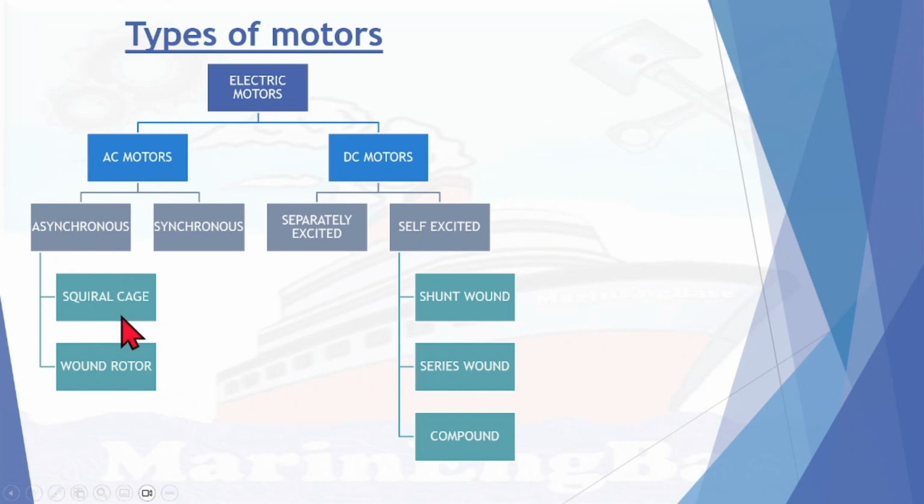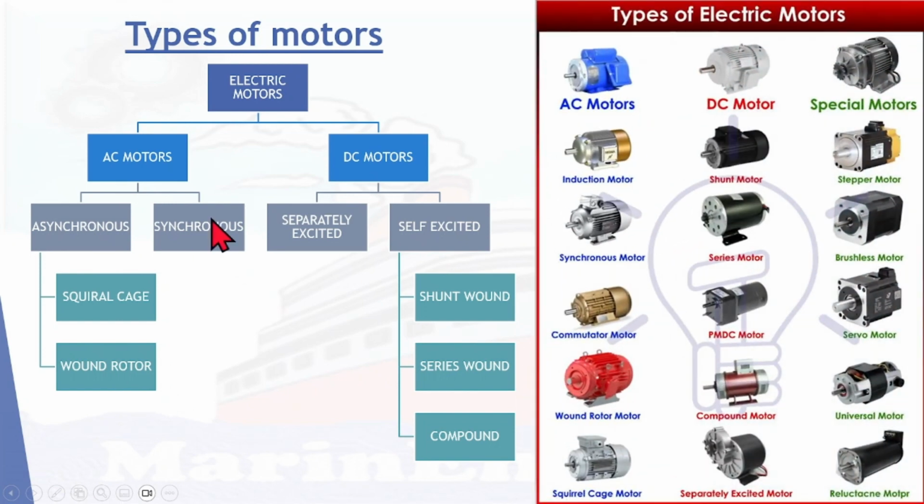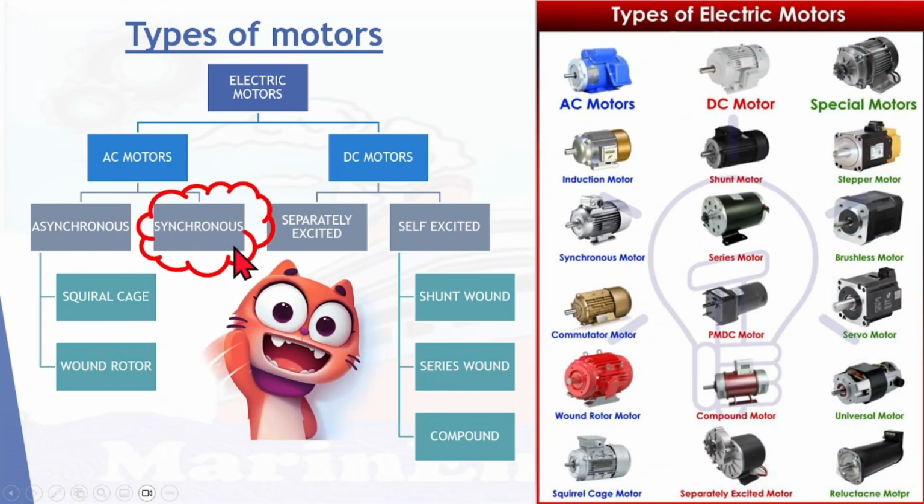There are two kinds of arrangement: squirrel cage and wound rotor. Today, what we are focusing on is synchronous motors. In synchronous motors, the rotor has the same speed as the rotating magnetic field of the stator.